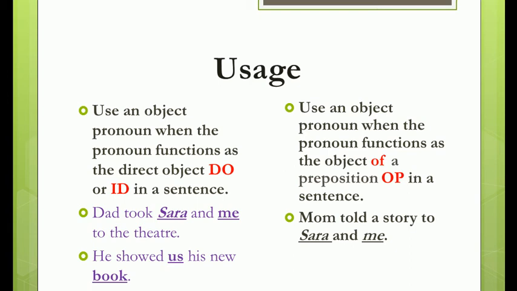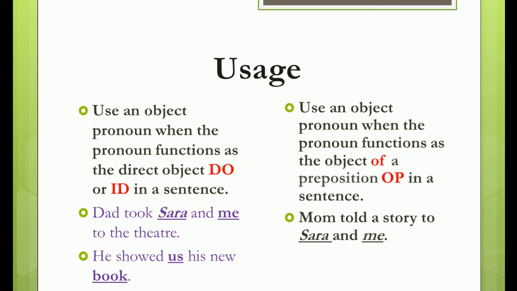No, I just have a prepositional phrase. So the pronoun that comes after the preposition will be the object pronoun. Once again, Mom told the story to Sarah and me. Here, me will be the object pronoun.